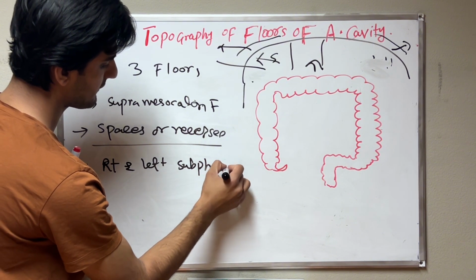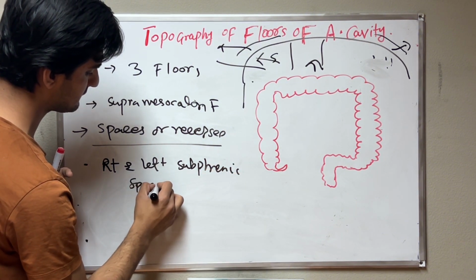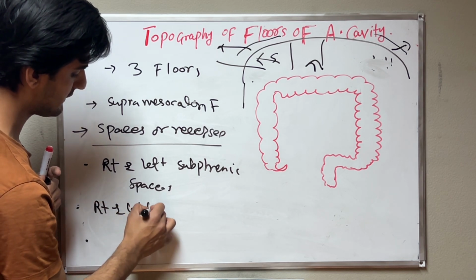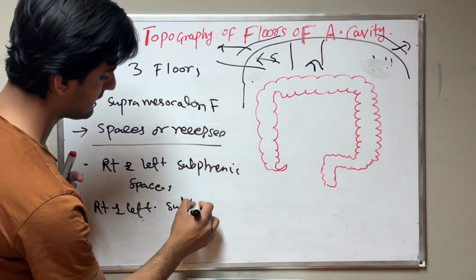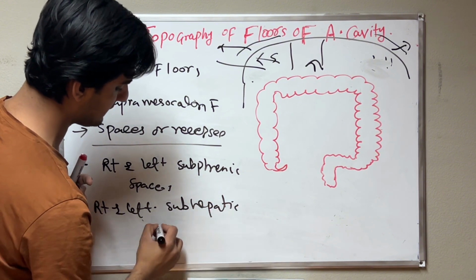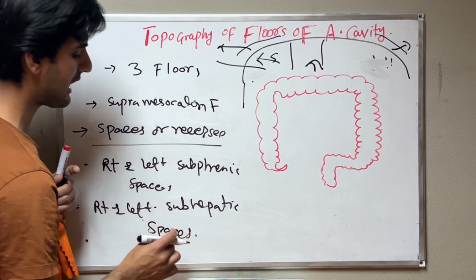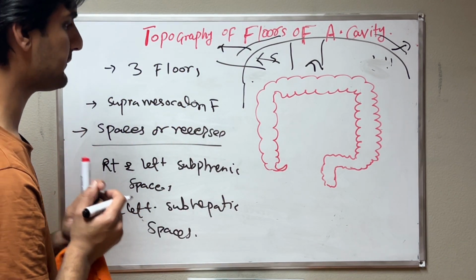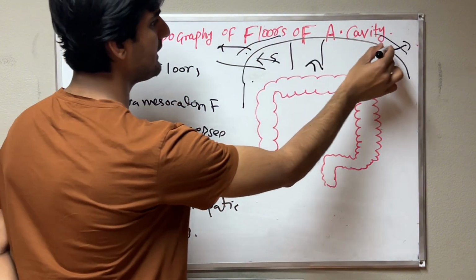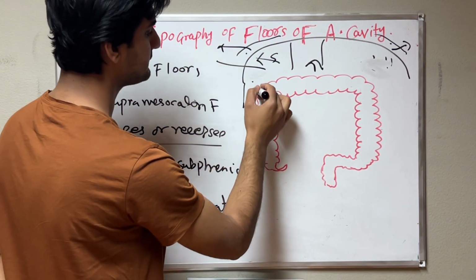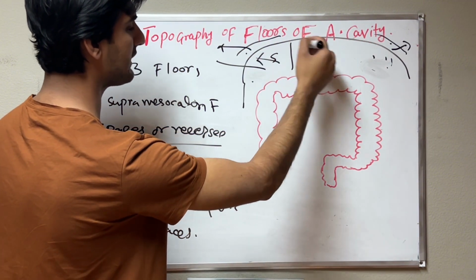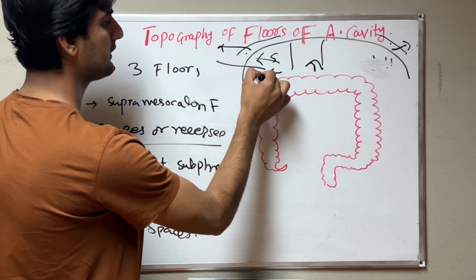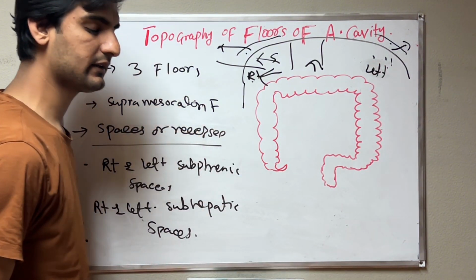We also have the right and left subhepatic spaces. These four spaces are also present in the supramesocolic floor. Here we have the right and left subhepatic spaces.